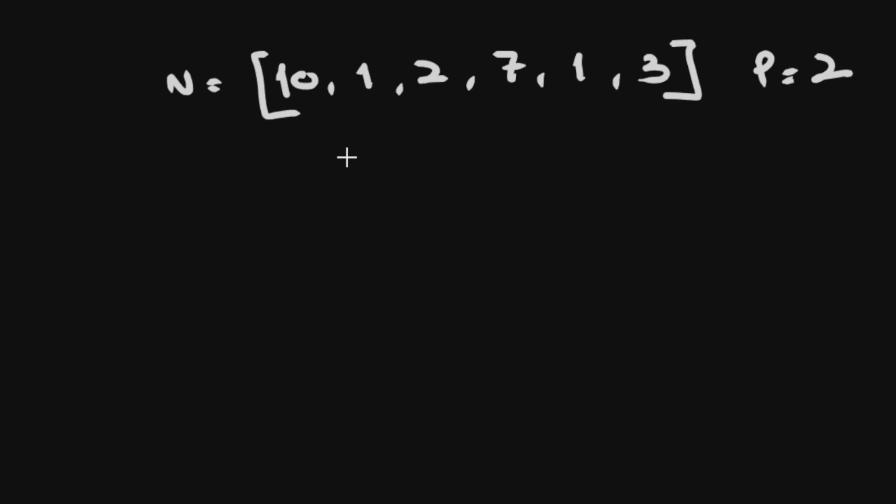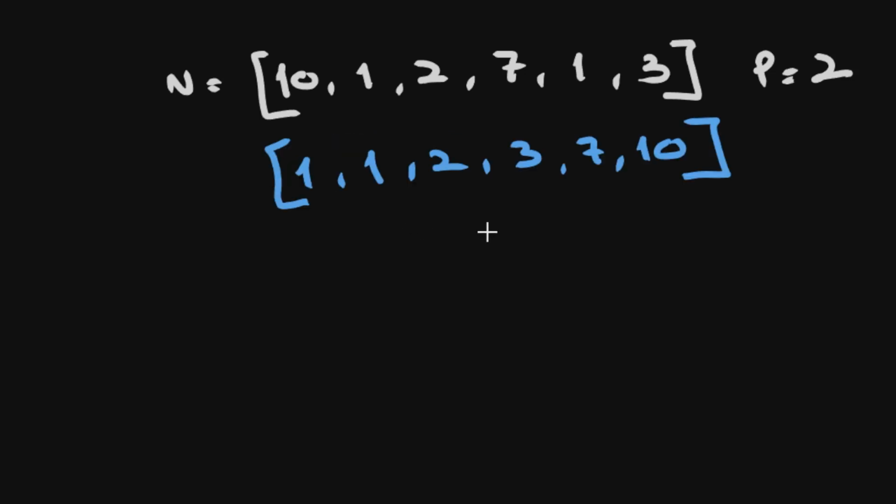First, remember we are trying to find the maximum difference here, and we also need to run a binary search. And to run a binary search, we need to have a sorted array. So step 1 here is to sort this. And now we can find the maximum difference by taking the last element in the sorted array and subtracting the first element. So 10 minus 1 is 9.